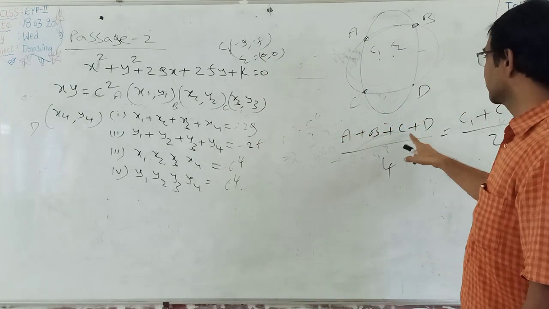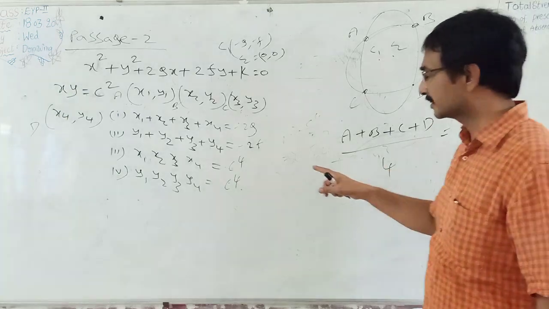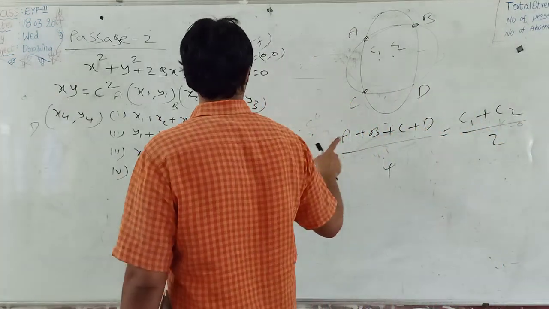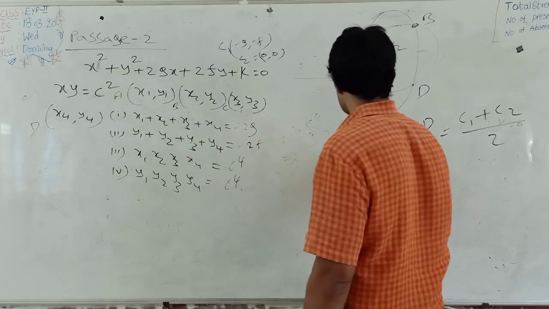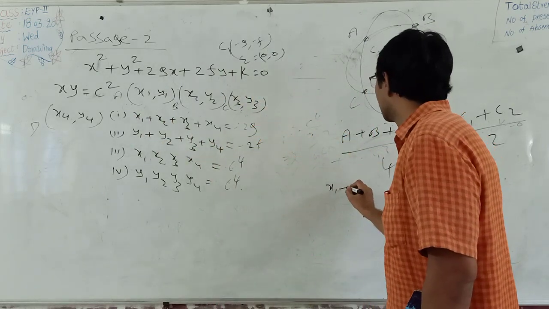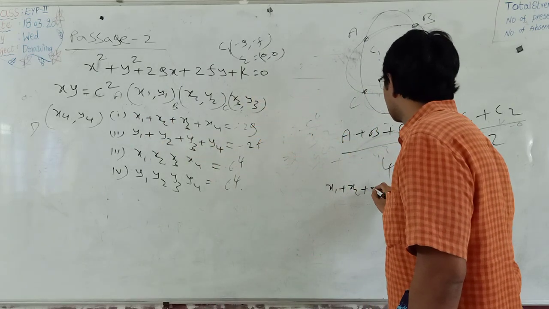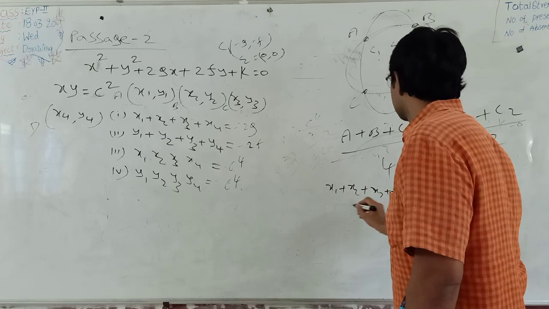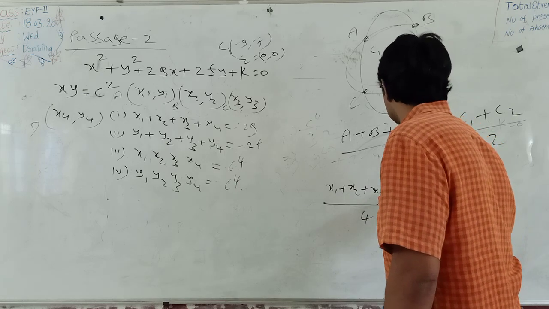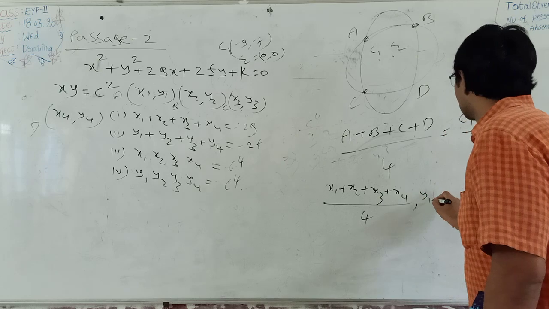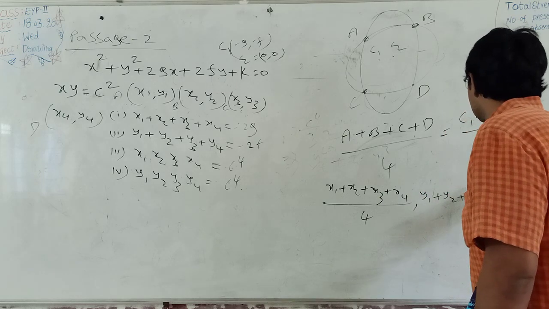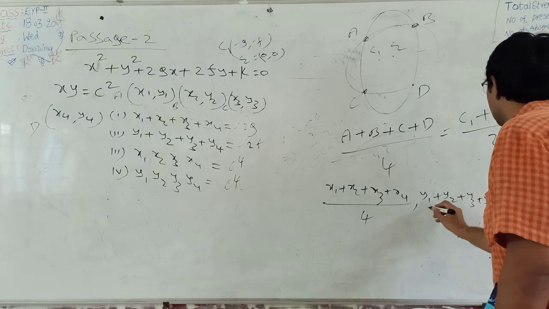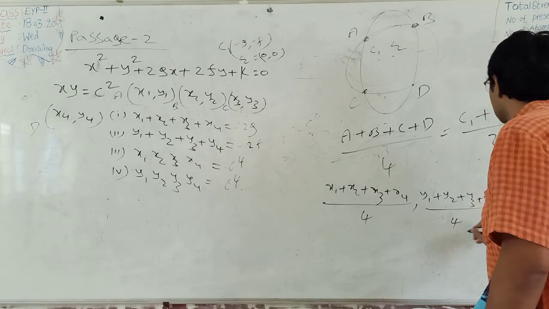(A plus B plus C plus D) by 4 means ((x1 plus x2 plus x3 plus x4) by 4, (y1 plus y2 plus y3 plus y4) by 4).